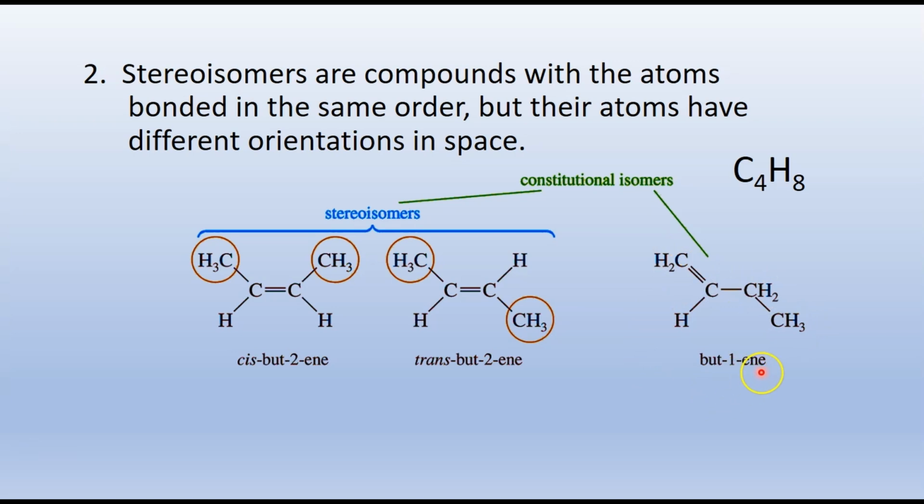That's why this ends in ene. These all are going to end in ene. When you see but, you want to think 4. Since the double bond cannot rotate, we can have this orientation where the methyl groups are on the same side of the double bond, and we call that cis. So we call this cis-but-2-ene.